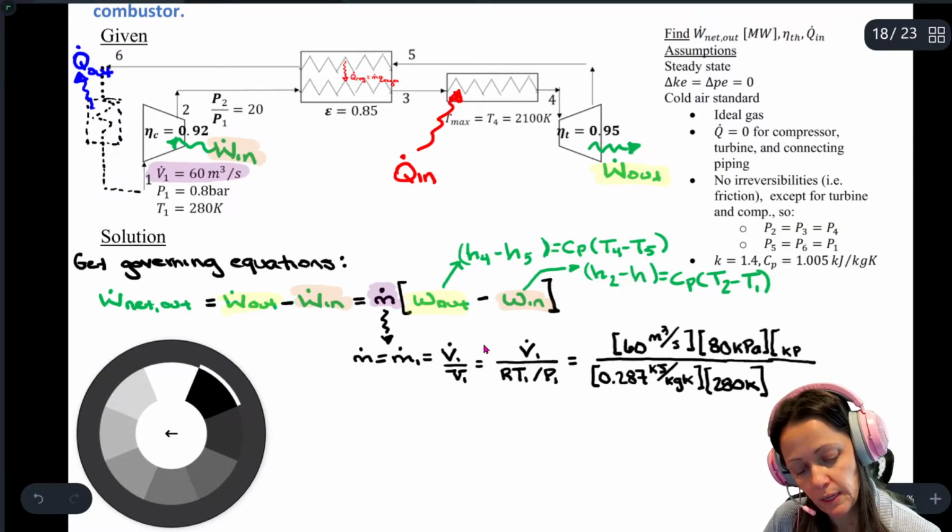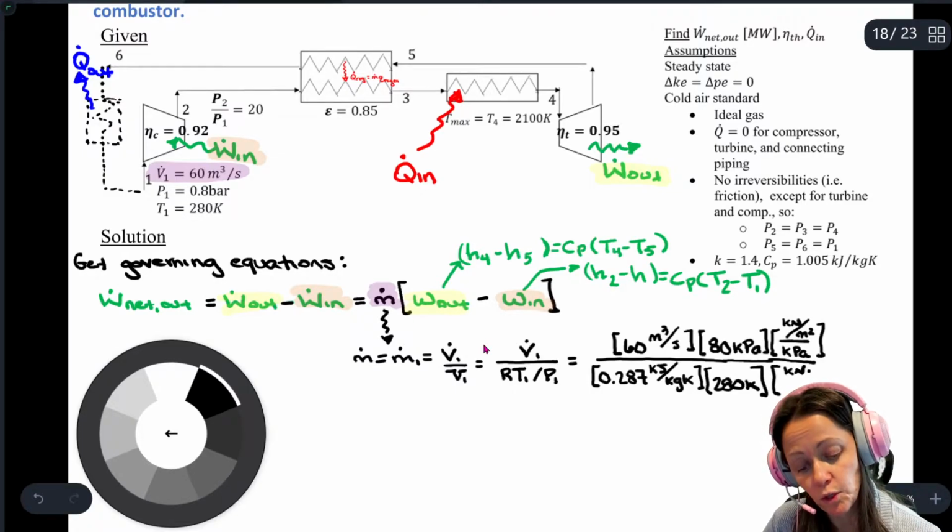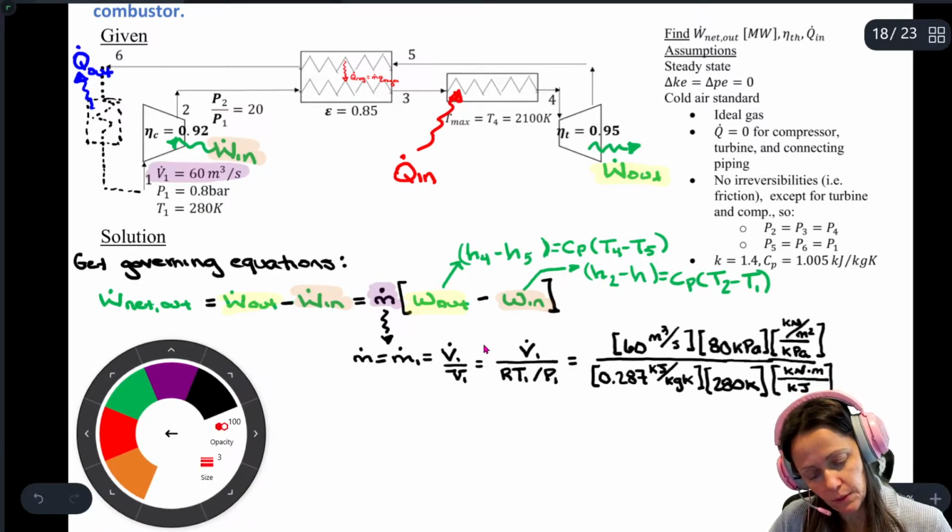A kilopascal is a kilonewton per meter squared, and a kilonewton meter is a joule. So I think that will make my units work out. So I got kilopascal, pascal, and then my meters cancel out.